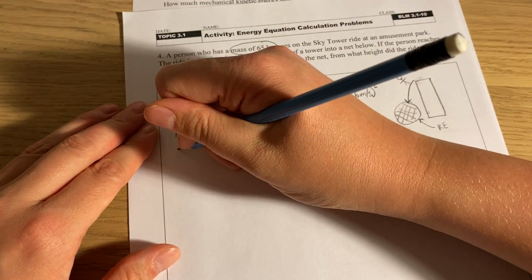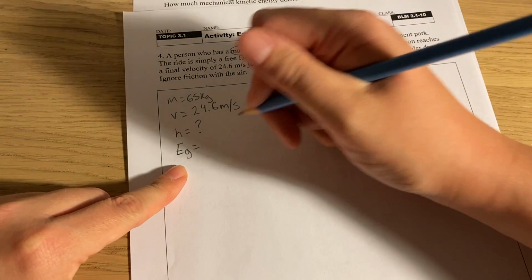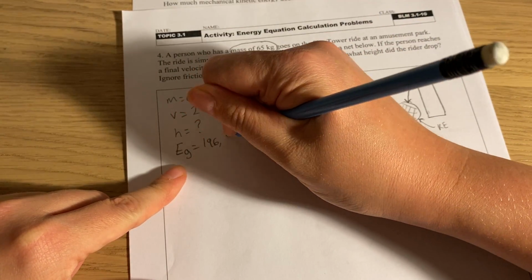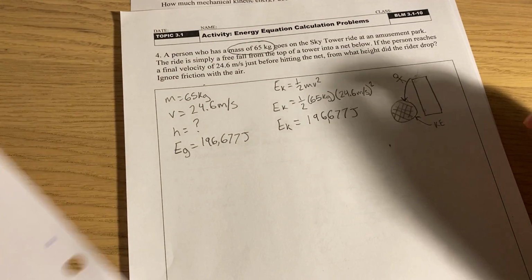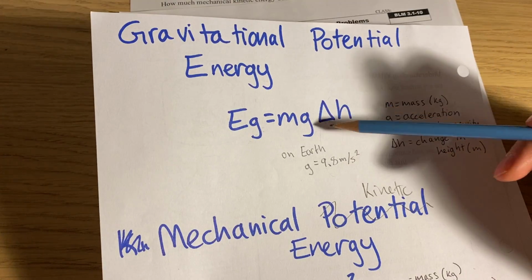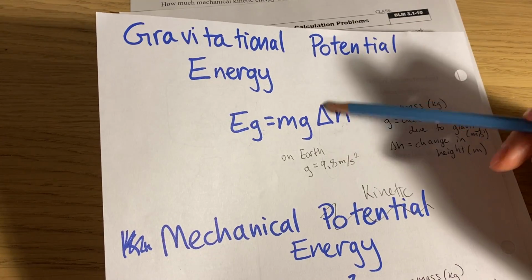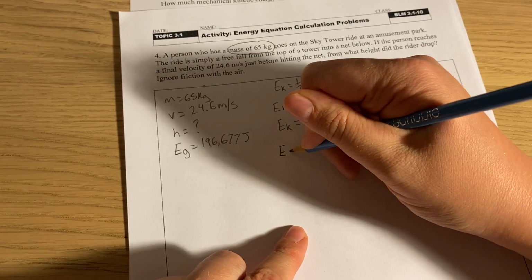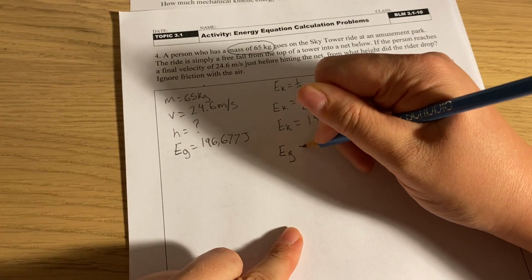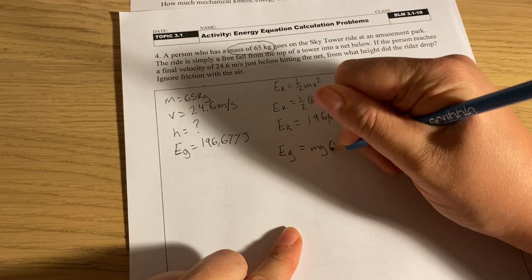So now I also have the information of their potential energy, 196,677 joules. So now I can use this equation, the gravitational potential energy, to find out the height, which is what I'm looking for. So my gravitational potential energy equation is mg delta h.